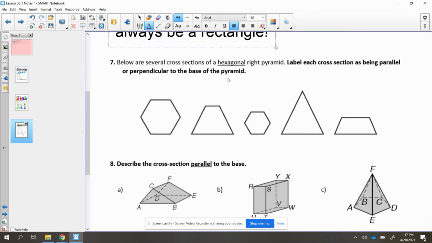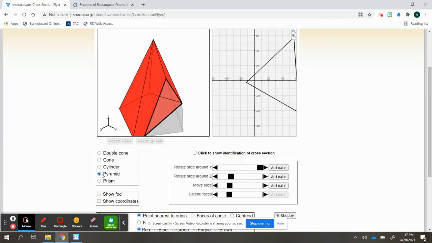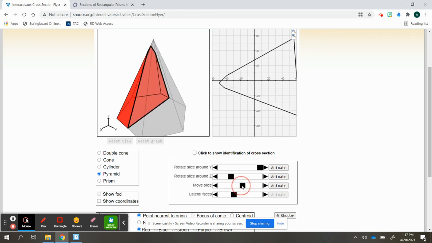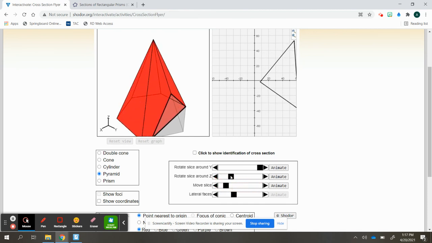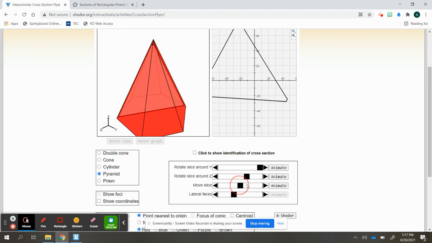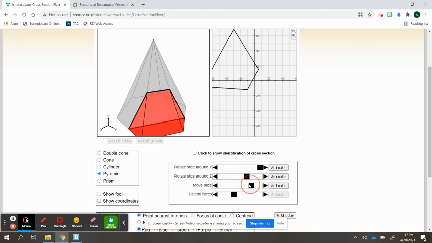Now, when we talk about a pyramid, specifically this one's asking about a hexagonal pyramid, so that's going to look like this. If we slice in this one, it's going to depend on where you're at, but notice you're creating almost like a trapezoidal type figure. Notice it kind of looks like a trapezoid as we move it around sometimes. So that's when we're cutting perpendicular, not through the vertex.